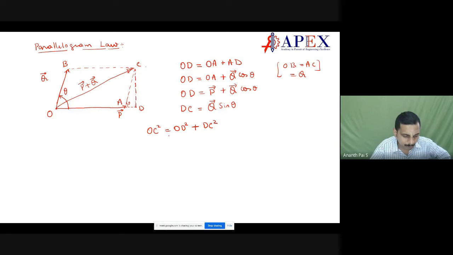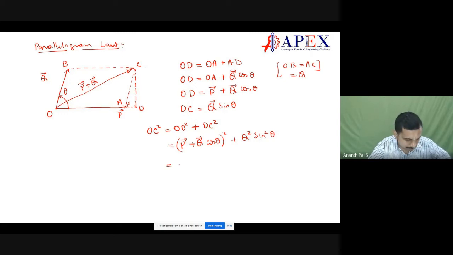So I can write from the Pythagoras rule, OC square is equal to OD square plus DC square. Now what is OD square? OD square is nothing but P plus Q cos theta the whole square plus Q square sine square theta.